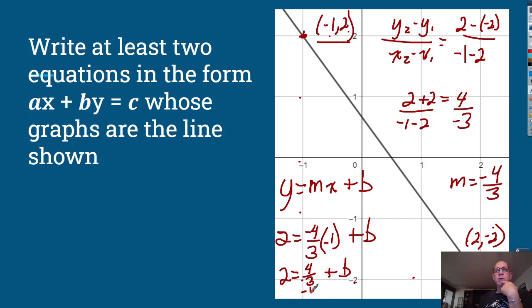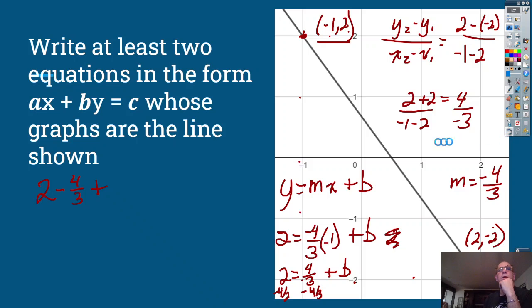I'm going to subtract 4 over 3 on both sides. So I have 2, let me put it in an area that's clean here. 2 minus 4 over 3 equals b.